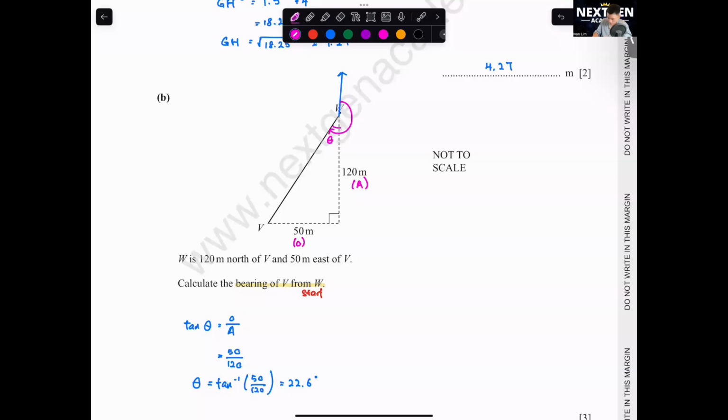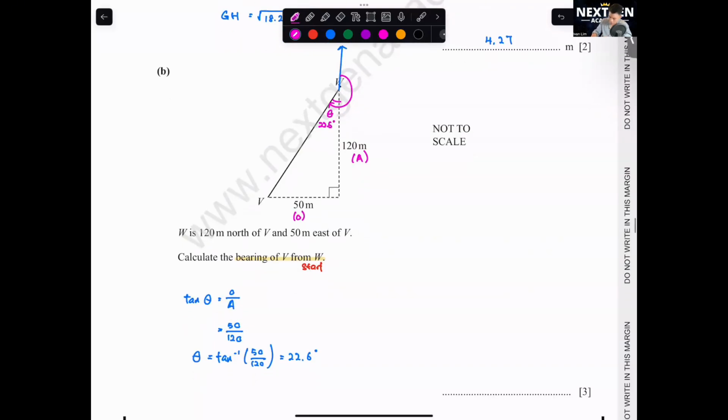So this little part here is 22.6 degrees. The bearing is 180 plus 22.6, which gives 202.6 degrees. Ensure that before the decimal place you have 3 digits.